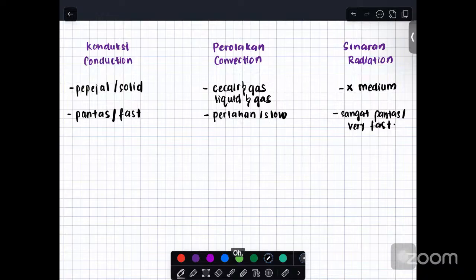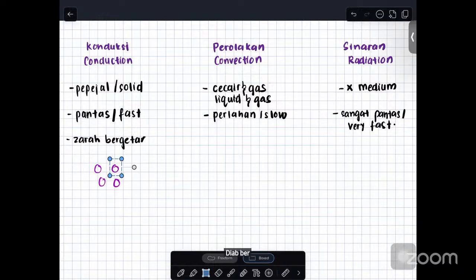Oh, and then another one. For konduksi, your particles, dia bergetar. Okay, bergetar means kalau ini, this is my particles kan? Dia bergetar. Macam ni. Dia bergetar. Like this. For convection, perolakan, zarah-zarah ni bergerak.